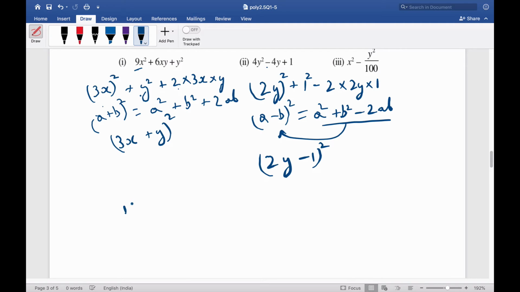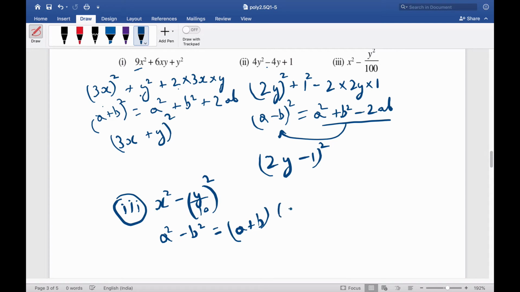Moving to the third part. Third part says we have x square minus y square upon 100. So I can rewrite it as x square minus y upon 10 whole square. So it gives me the identity of a square minus b square, which should give me a plus b into a minus b.